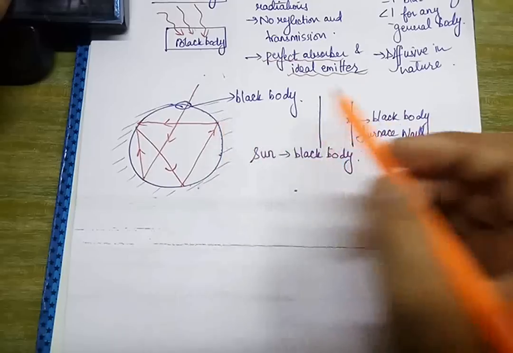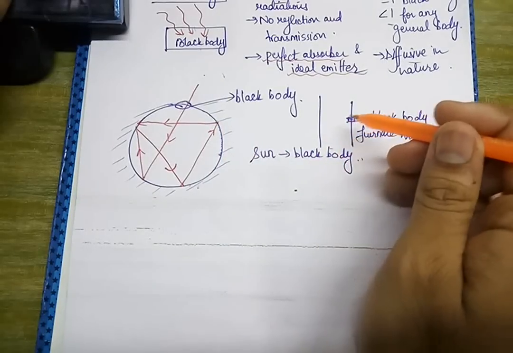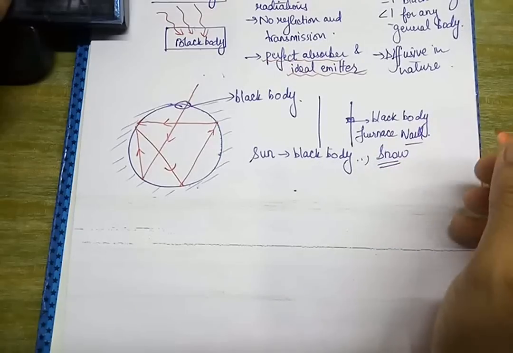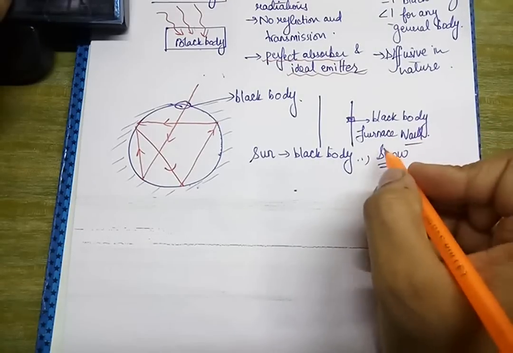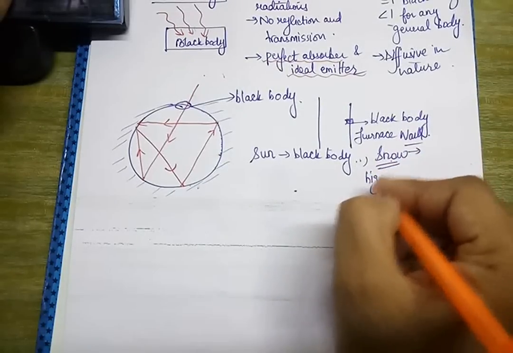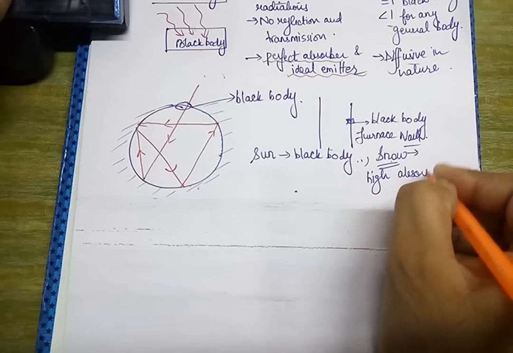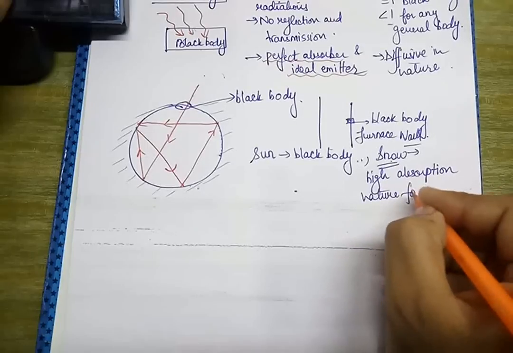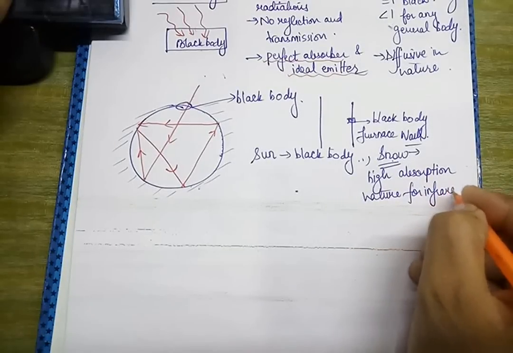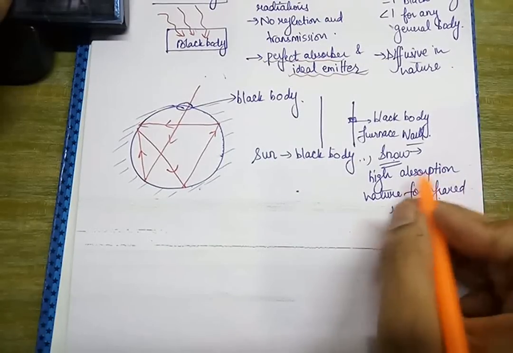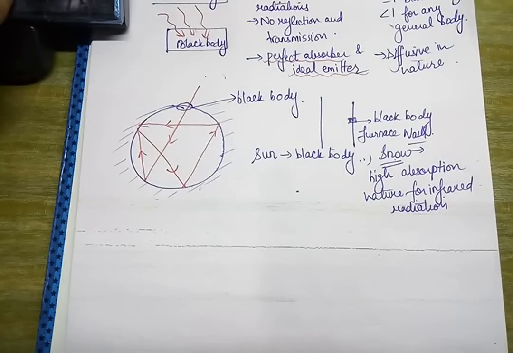It is not necessary that any black body looks black to you. For example, snow is also considered as a black body because it has high absorption nature for infrared radiation. Since it is absorbing all the infrared radiation, snow will also be called a black body.